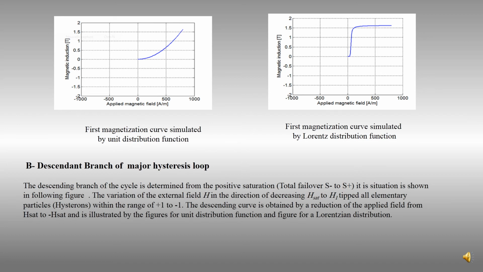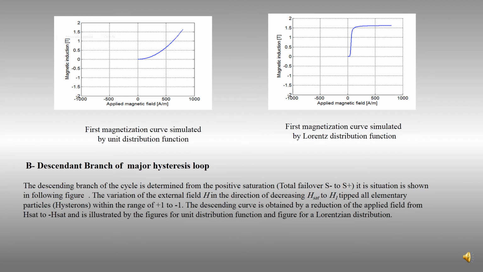The variation of the external field in the decreasing direction, from the saturation magnetic field to the value of H1, tripped all elementary hysterons within the range of +1 to -1. This descending curve is obtained by a reduction of the applied field from the saturation level to the minus saturation level, and it is illustrated by the figures on the next page.